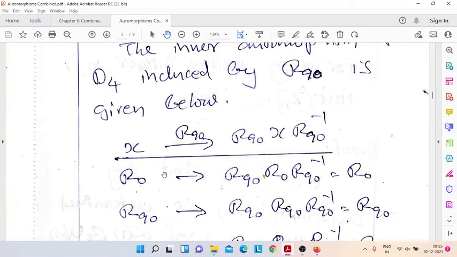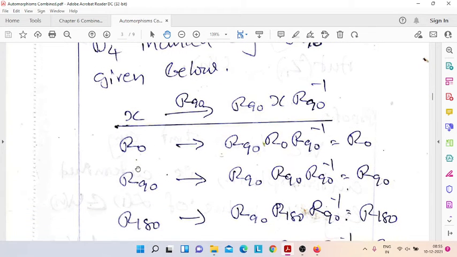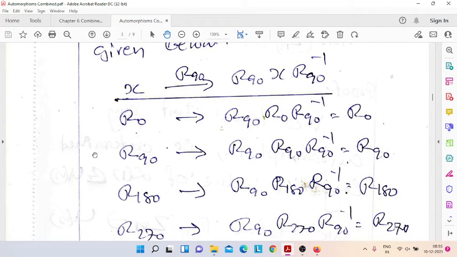So for each element of the group D4, we want to find the result of the application of R90. When the element is R0, we have R90, R0, R90 inverse, and we get R0.